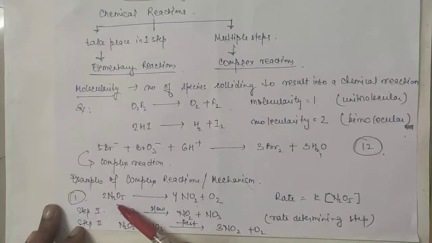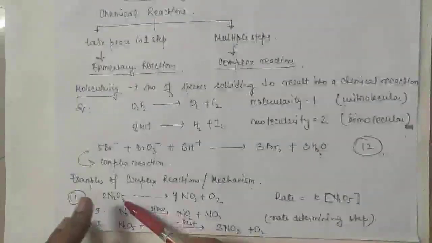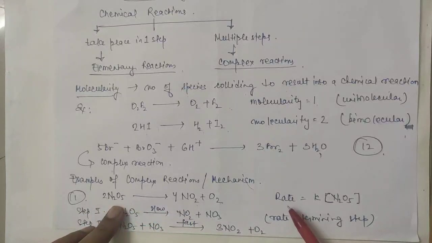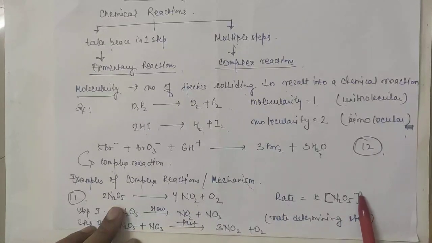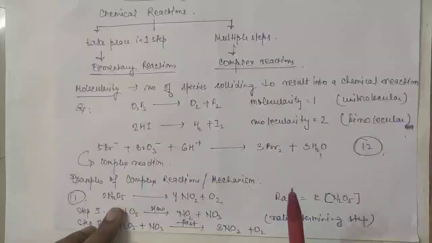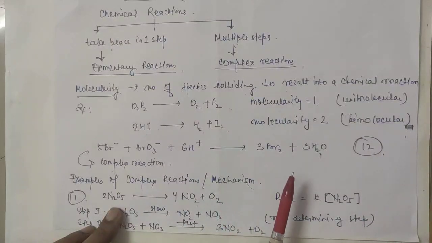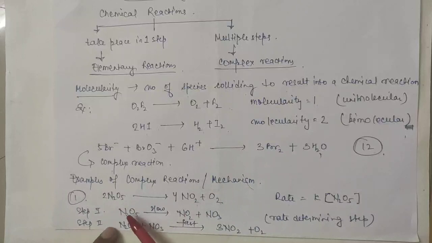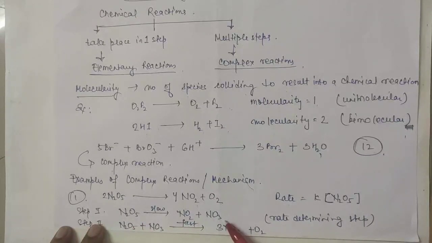Now here 2 molecules of dinitrogen pentoxide are taking part in the reaction, but experimentally it is found that rate is directly proportional to the molar concentration of N2O5 raised to the power 1. That means there must be some step in this reaction where only 1 molecule of N2O5 is taking part. So this step may be written as N2O5 converting to NO2 plus NO3.